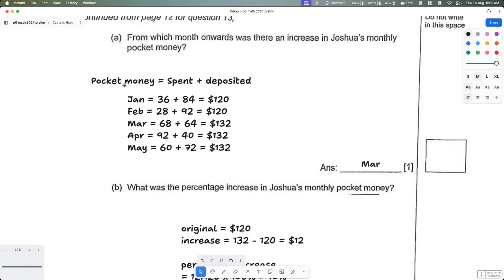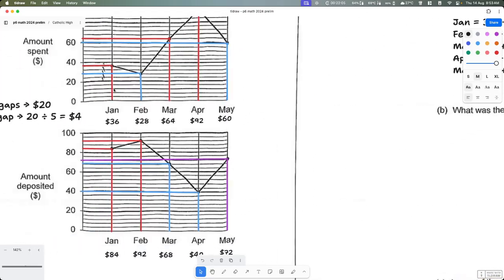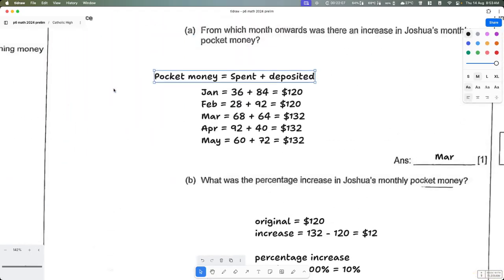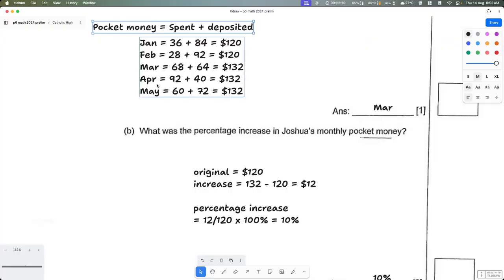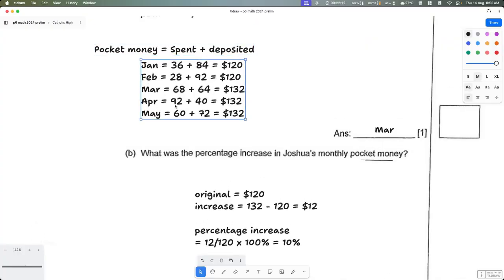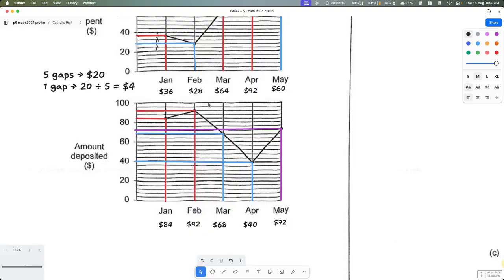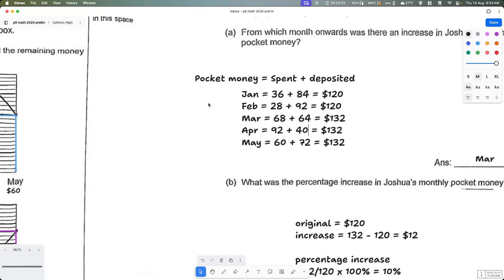I'm going to put spend and deposited like this. Spend is 36. So he spent more than he deposited. One of them was this 92 and 40. March, 64 and 68.